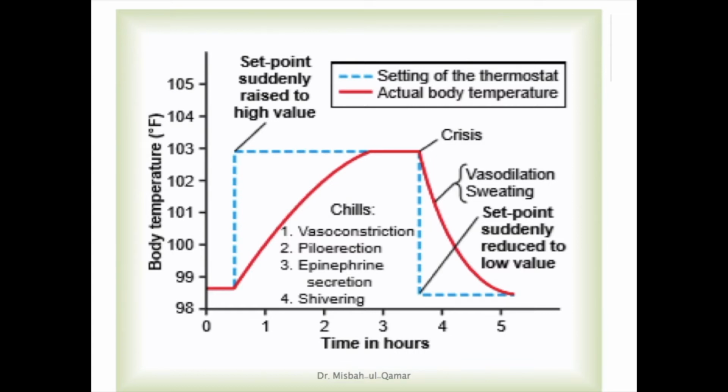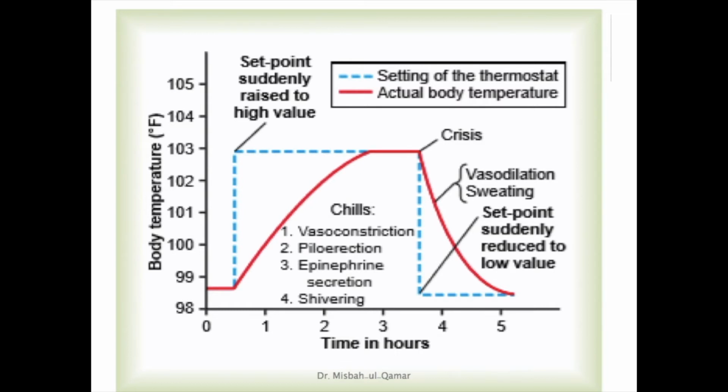Now, when the set point is raised, then the phase of chills starts, in which shivering and vasoconstriction result in chills in an attempt to raise the body temperature up to the new hypothalamic set point.